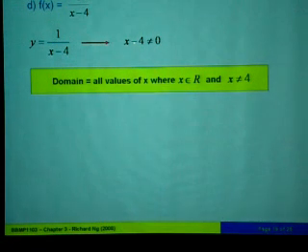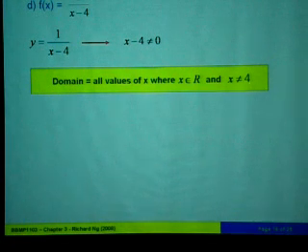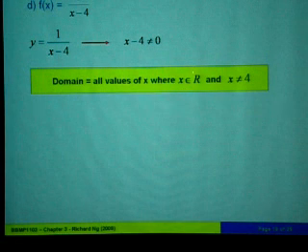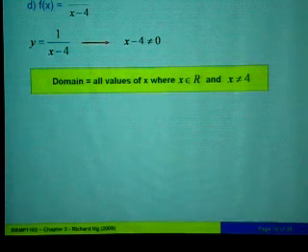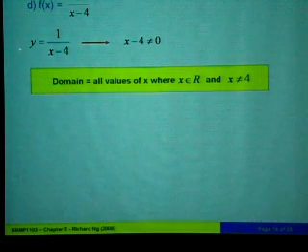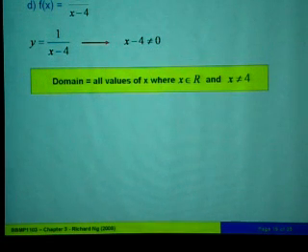When we move the negative 4 to the right hand side, we can say x must not equal 4. So the domain now will be all values of x, where x is a member of R and x must not be exactly 4. Okay? If we substitute 4 here, 4 minus 4 will be equal to 0. So that will make the value of y not real, so we cannot accept that value.